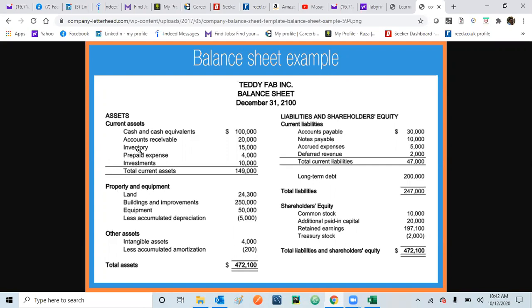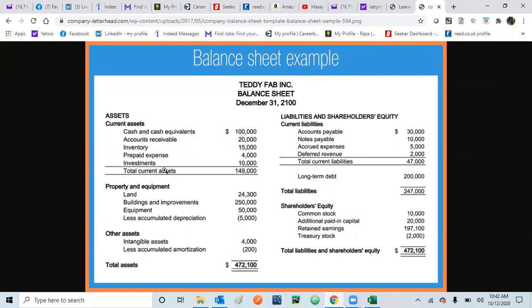Always remember, the things that can be easily converted into cash are current assets. You did not buy those inventories or similar items for the sake of running your business.